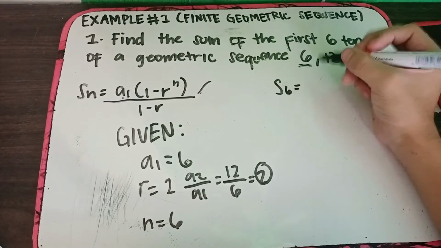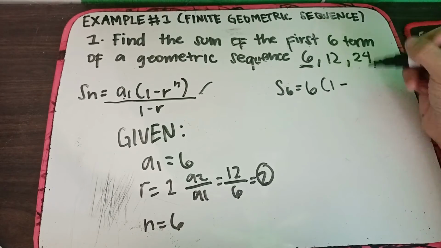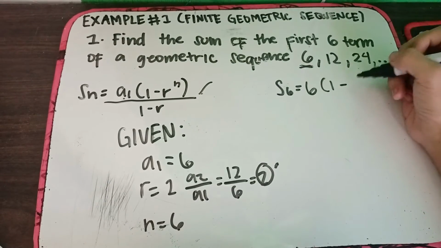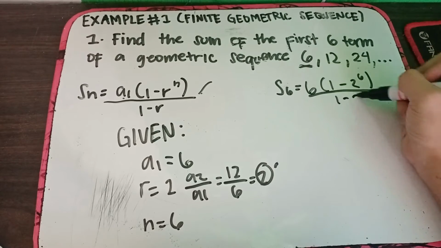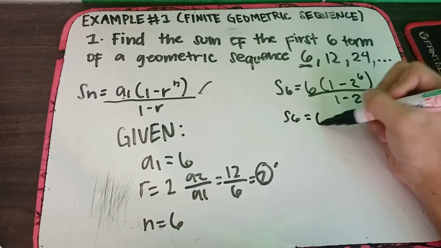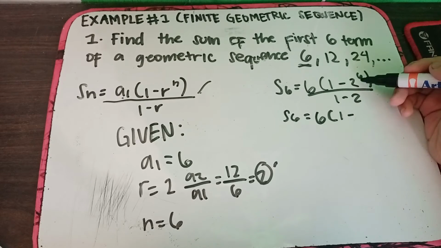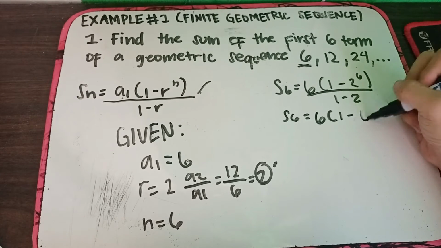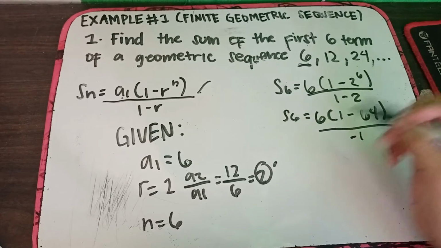S sub 6 equals our first term 6 in parenthesis 1 minus our common ratio 2 raised to the power of 6 over 1 minus 2. S sub 6 equals 6 open parenthesis 1 minus 2 raised to the power of 6 is 64 over 1 minus 2 is negative 1.